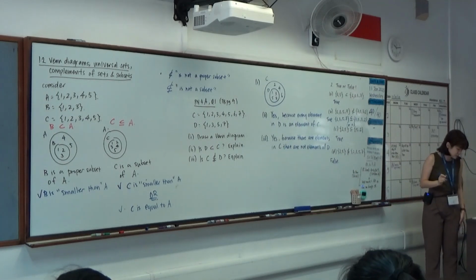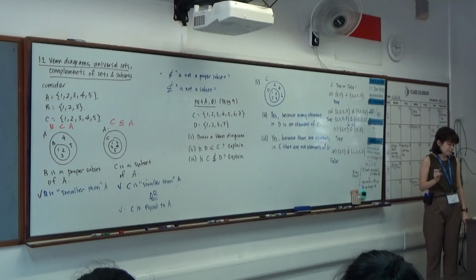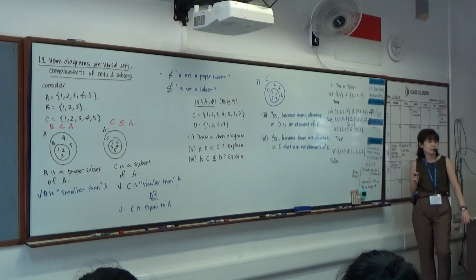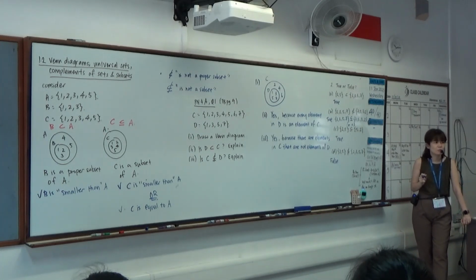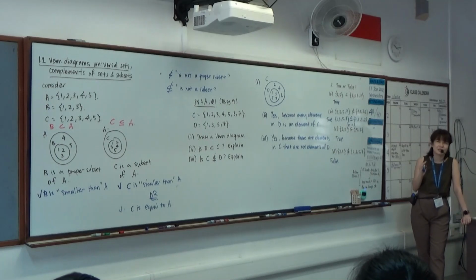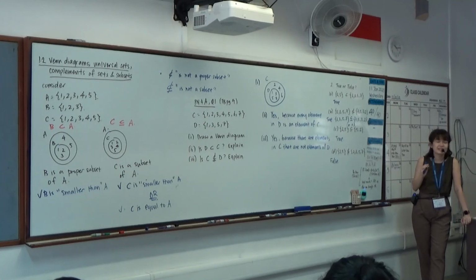So why is {2, 5} not a subset of {2, 3, 5, 7}? It is not a subset. So my question is, why is it not a subset? It is a proper subset. Sorry, sometimes this kind of thing I also need to think about.